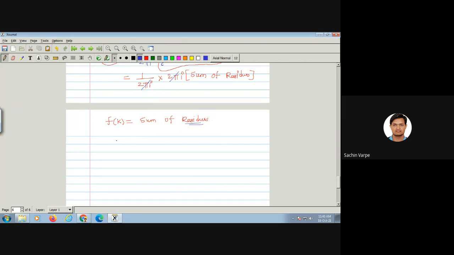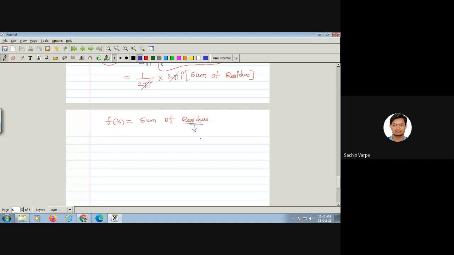See, there are two formulas for the residue. First of all, what is meant by residue? Residue is the rest value. See, at poles the function goes to infinity, right? So the residue, or the rest value when the function goes to infinity, is called residue.